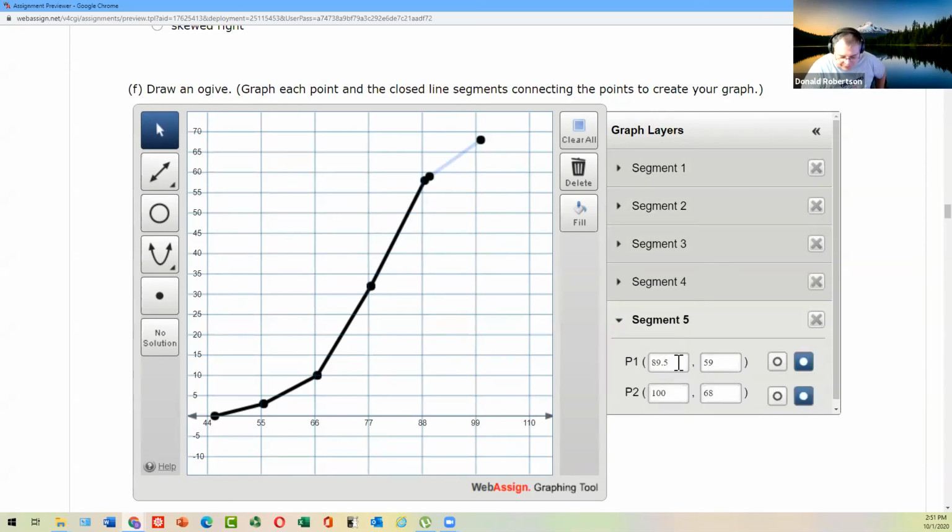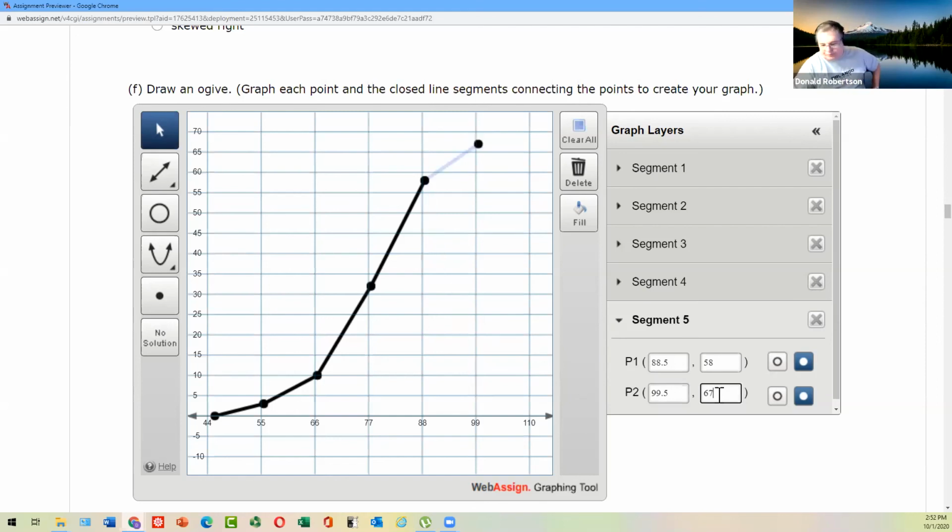That should have been 88.5, and it should have been 58. And the next one should have been 99.5, and it should have finished as a 67.